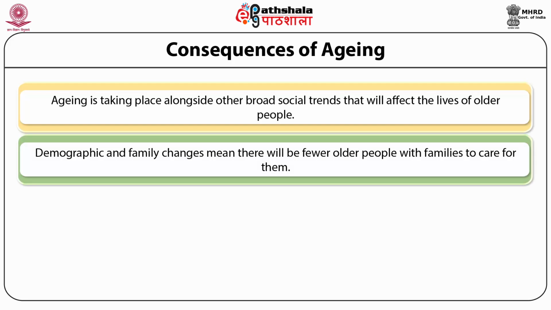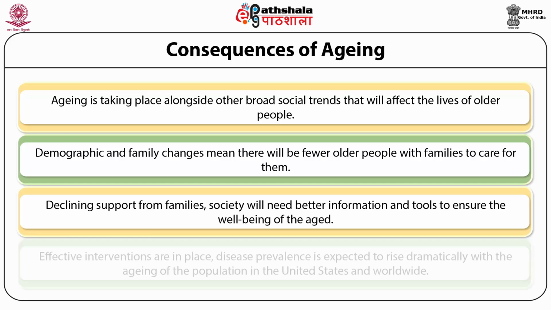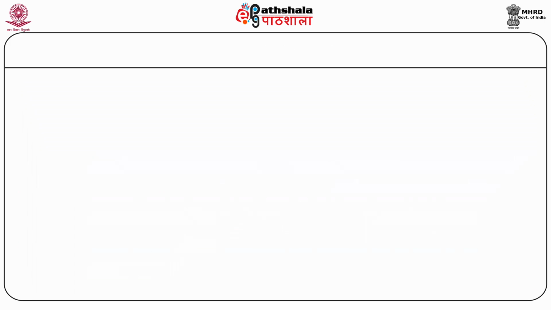People today have fewer children, are less likely to be married, and are also less likely to live with older generations. With declining support from families, society will need better information and tools to ensure the well-being of the aged. Unless new and more effective interventions are in place, disease prevalence is expected to rise dramatically with the aging of the population in the world.